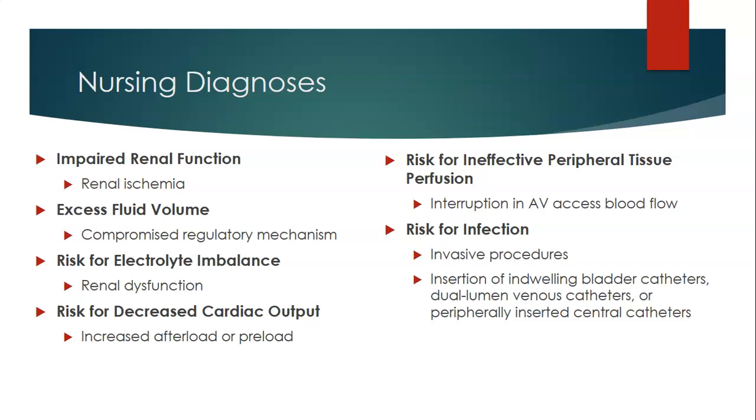Anything that causes an invasive procedure, which is pretty much everything we just talked about, right? Someone's going to be at a higher risk for infection. So any surgery that someone is having done, any procedure that someone is having done, anytime we're introducing a catheter to somebody. So really a whole lot of things can cause a risk for infection, so just be really aware of it. Anytime we're going into the body with anything, they are at a risk for infection.